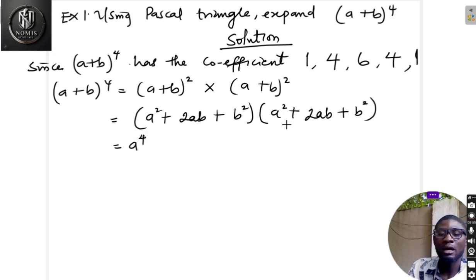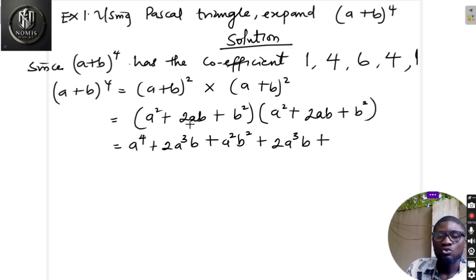Then a squared multiplied by 2ab gives 2a cubed b, and a squared multiplied by b squared gives a squared b squared. Now the second one: 2ab multiplied by a squared is 2a cubed b, and 2ab multiplied by 2ab is 4a squared b squared.